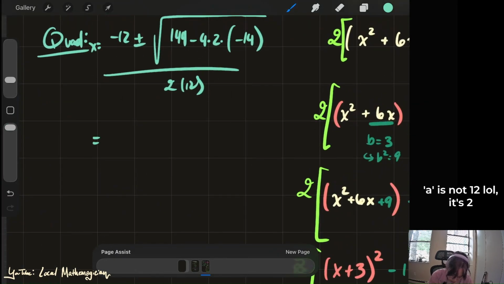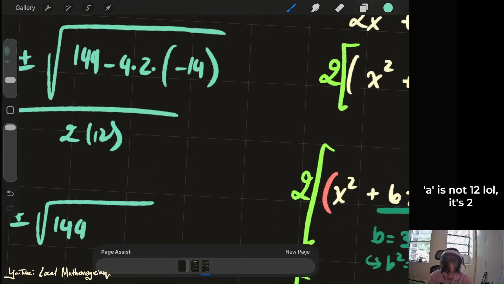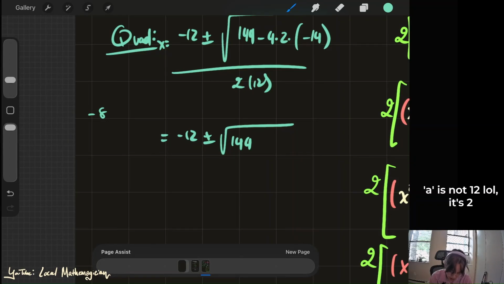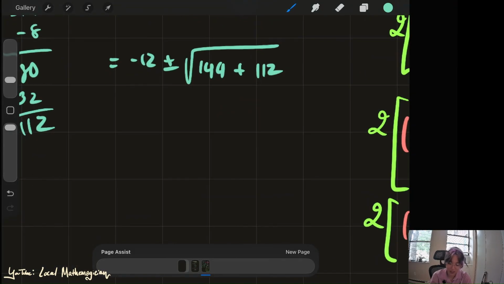X equals negative 12 plus or minus the square root of 144 minus 4 times 2 is negative 8. Negative 8 times negative 14 is positive 112, all over 2a, which is 24.